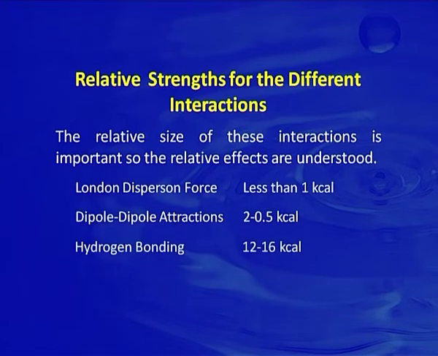Here is the comparison of four attractions: London dispersion forces, dipole-dipole attraction, hydrogen bonding and covalent bonding. We can see the covalent bond is stronger than the intermolecular forces, and among intermolecular forces, hydrogen bonding is stronger than the London and dipole attractions.